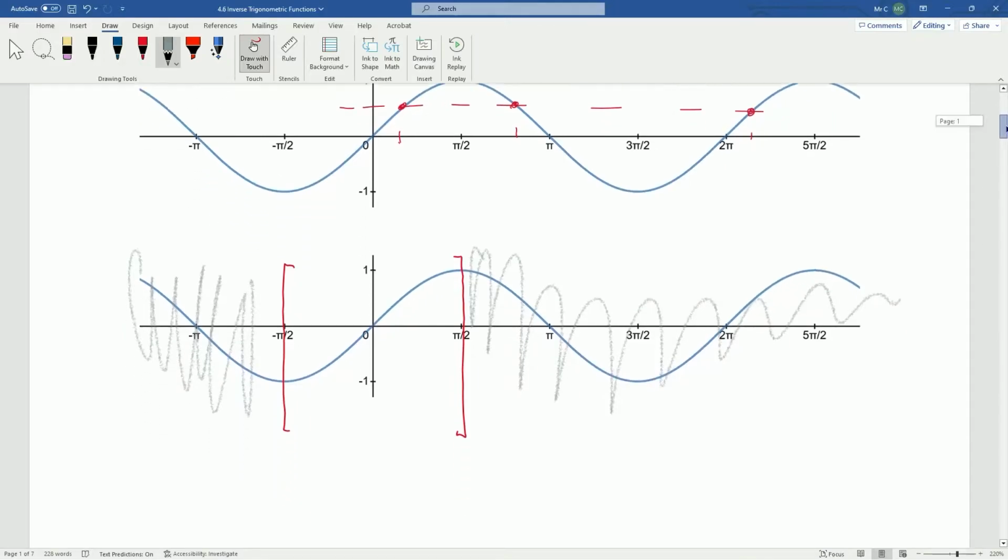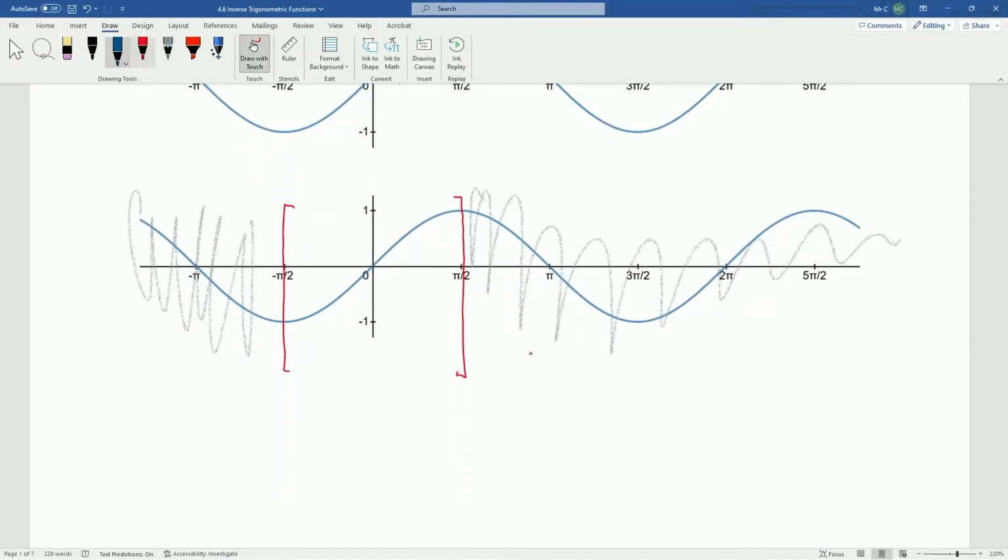And so what we can do is define a new function. We're going to define the restricted sine function.